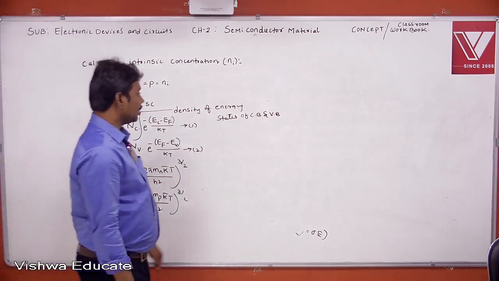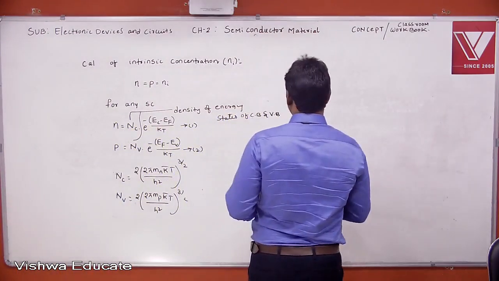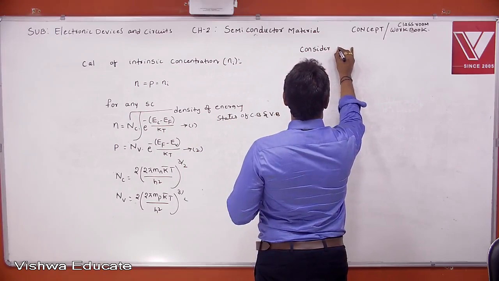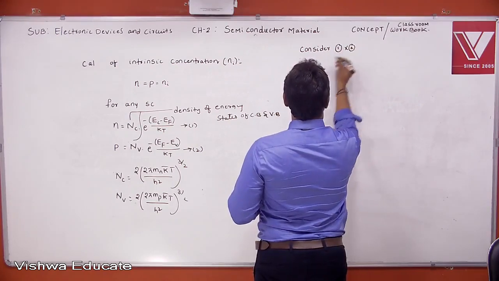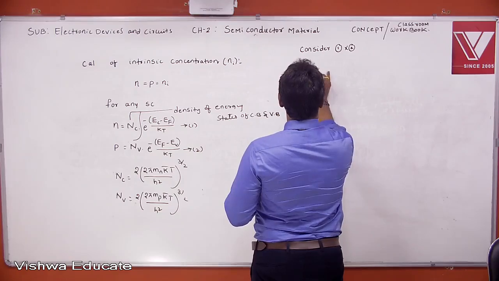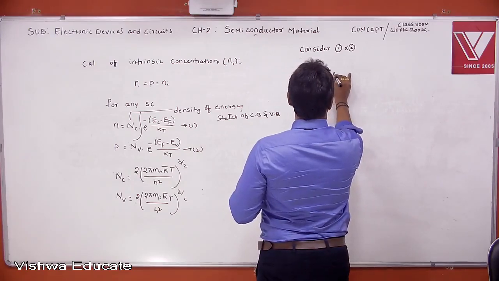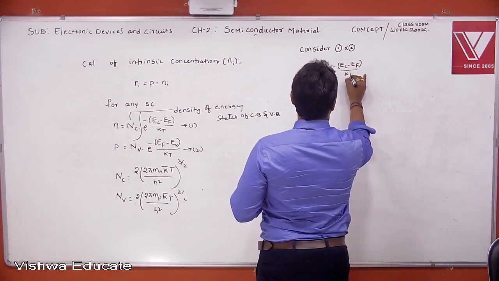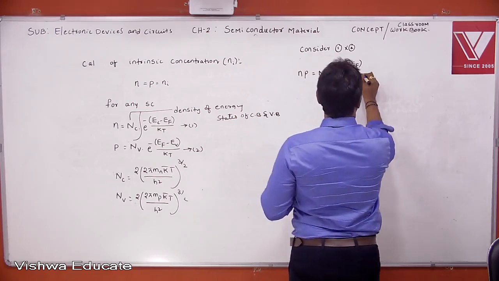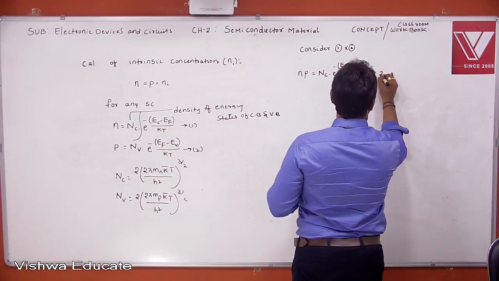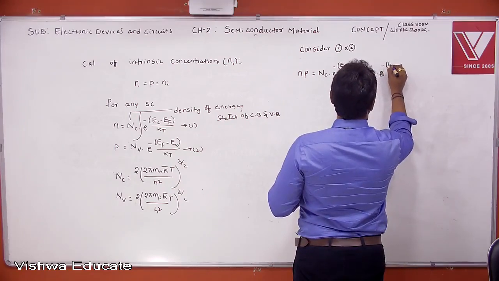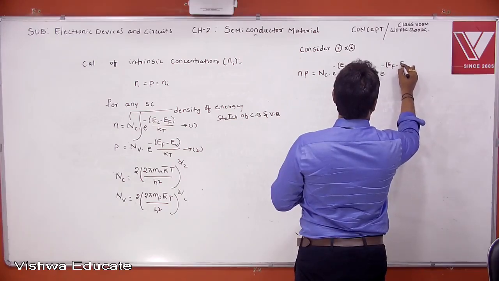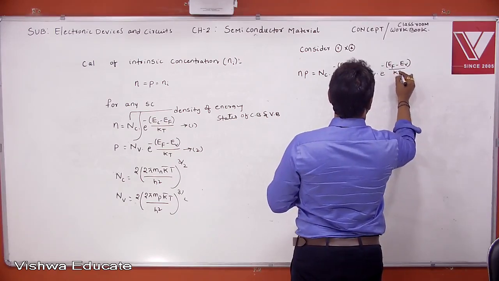Next, to calculate the intrinsic concentration, consider equation 1 into 2. n into p equals Nc into e power (Ec minus Ef) by kT, times Nv into e power (Ef minus Ev) by kT.